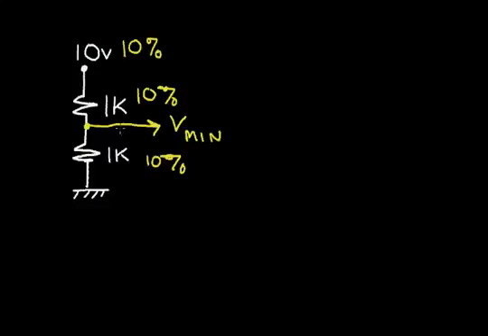Okay, let's solve the problem. If I have the minimum voltage across this network, that's going to be the case when this output voltage is at its minimum. So I take 9 volts, which is on the low side, and put that across my two resistors to ground.